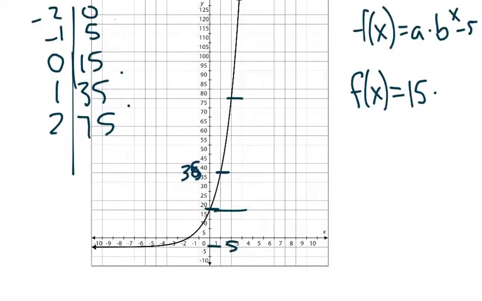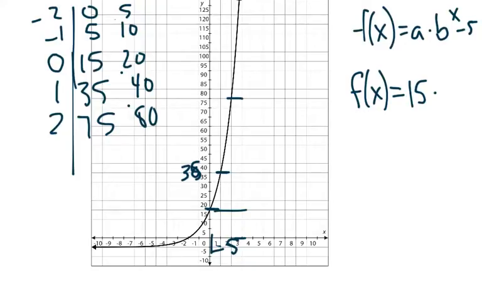Okay? So the way to think about this is what if we weren't shifted down 5? What if we added 5 to everything? So if we add 5 to everything, that'd be 5, 10, 20, 40, and 80. Now we can see a pattern, can't we?